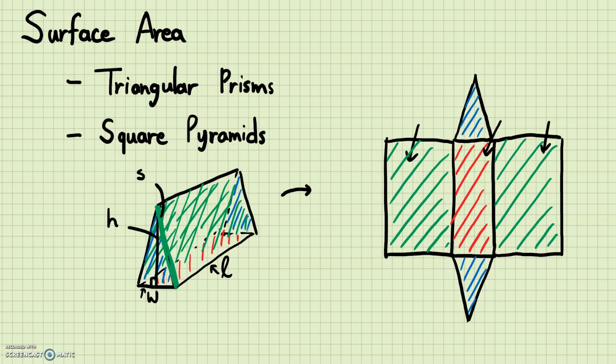Now moving on to our image on the right. This side right here is S, and we have the height of the triangle. Let me erase these arrows.